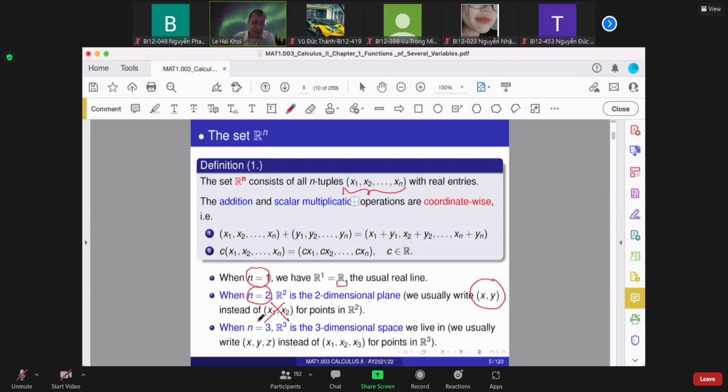Similarly, for the case n equal to 3, R3 is the three-dimensional space we live in. And again, we don't write x1, x2, x3, but instead we write x, y, z. That is, we have x, y, and z axes for indicating a point in R3.